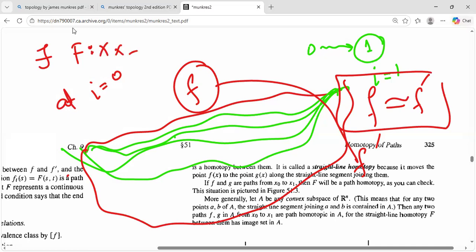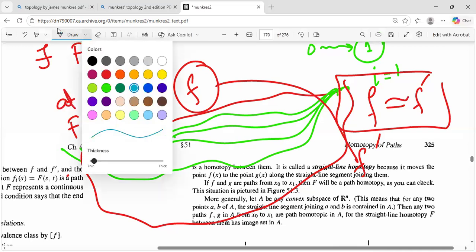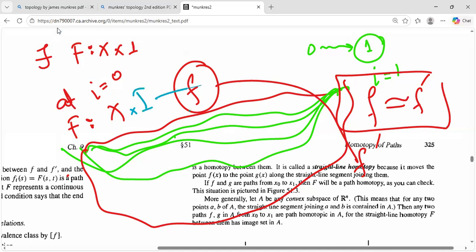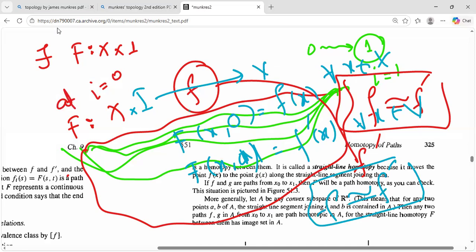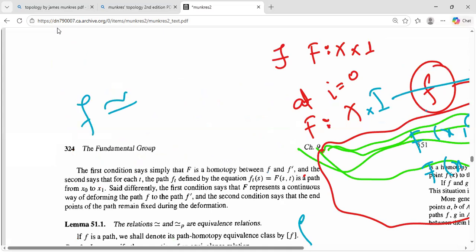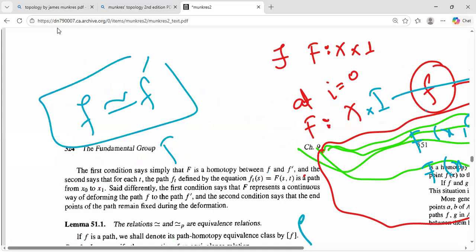A continuous map F from the Cartesian product X cross I to Y such that this condition holds: F of (x, 0) is equal to f of x for all x belonging to X, and F of (x, 1) is equal to f prime of x for all x belonging to X. So we can say f and f prime are homotopic, and this is denoted by this notation, and F is a homotopy.